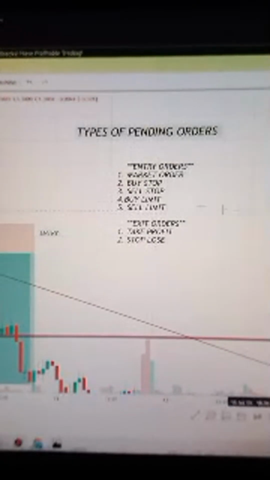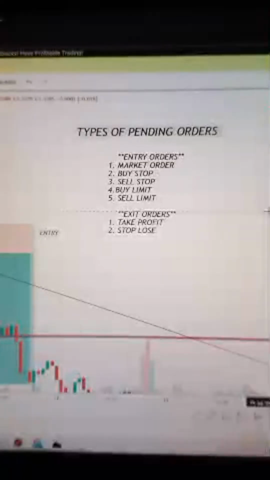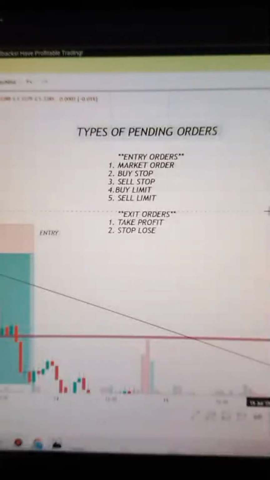The next order we have here is called the buy stop.